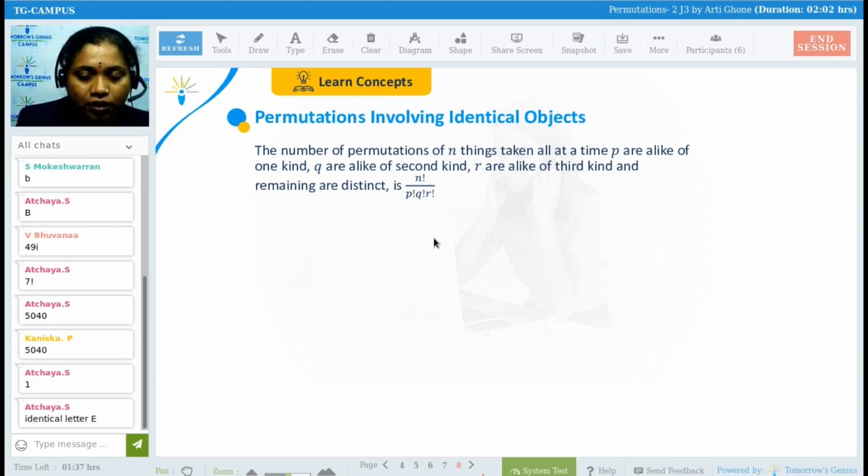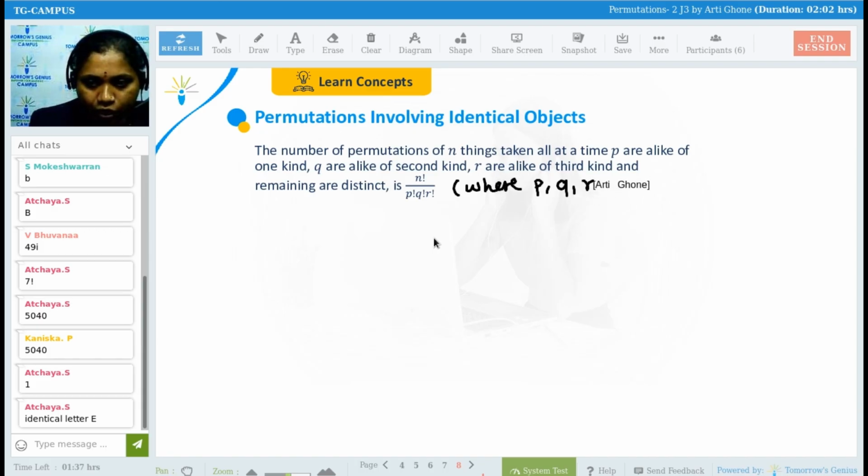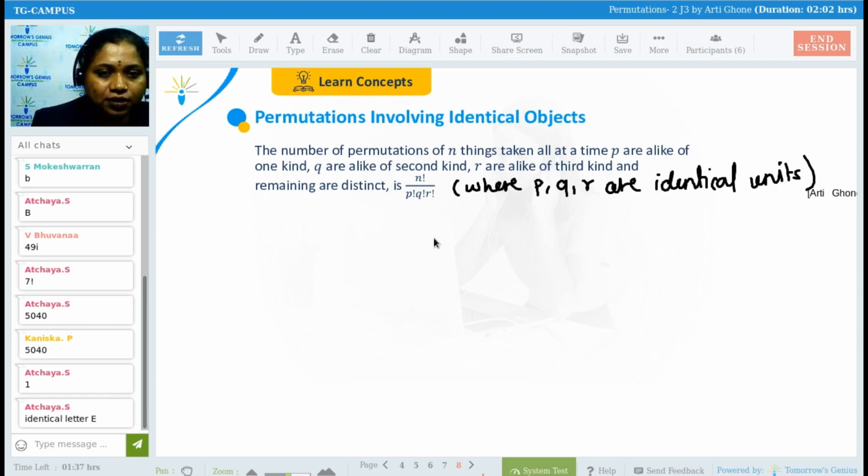So this is about the proper definition of identical objects. Just write down in your notebook. Permutations of identical objects is equal to n factorial upon p factorial into q factorial into r factorial, where p, q, r are identical units. So this formula extends to any number of identical units.